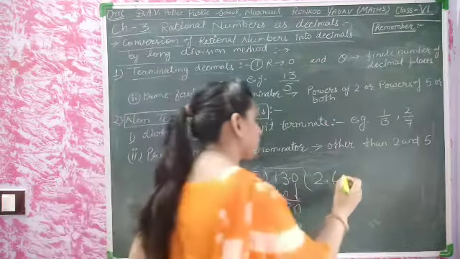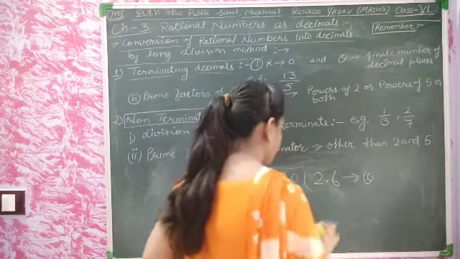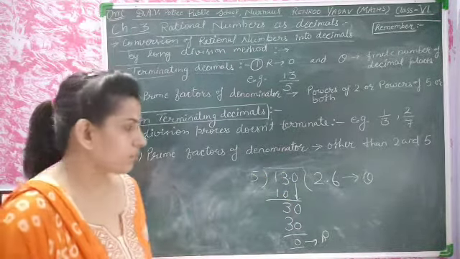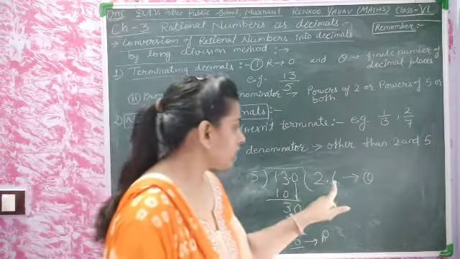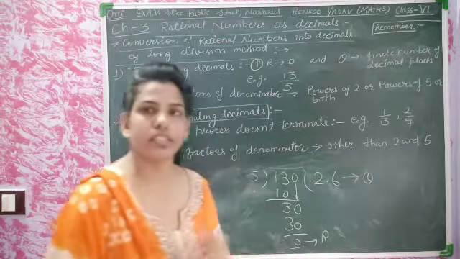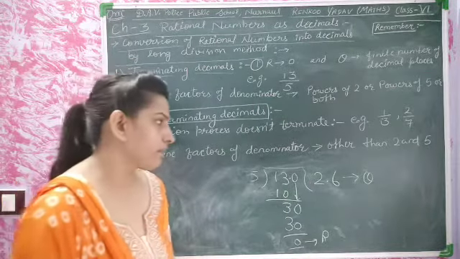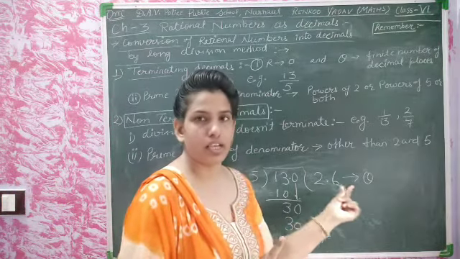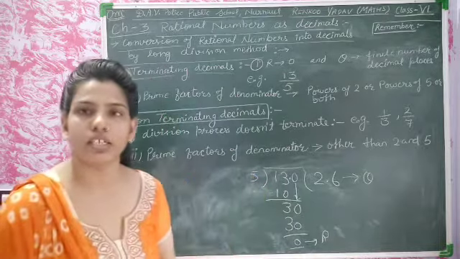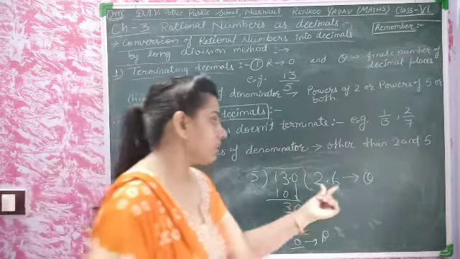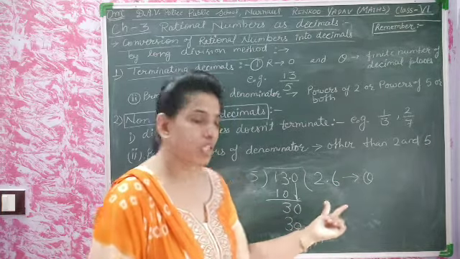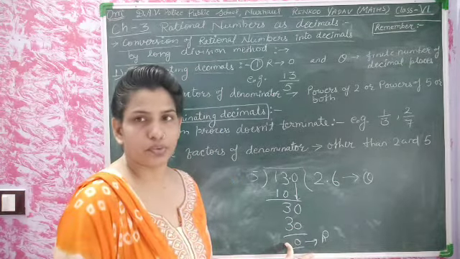Here our quotient is 2.6 and the remainder is 0. It means that after the decimal point there is only 6 and no other number. So the decimal terminates here and the remainder is 0.